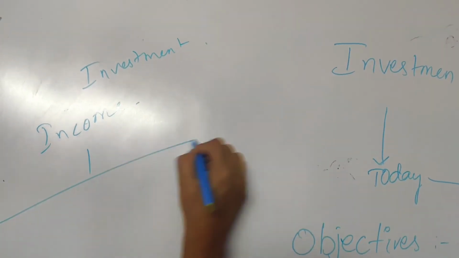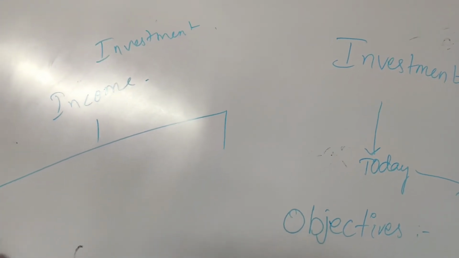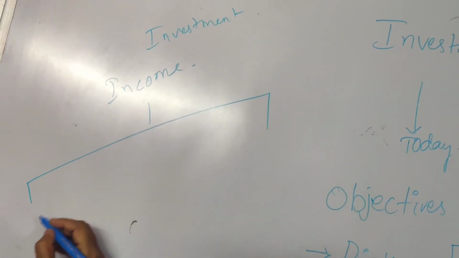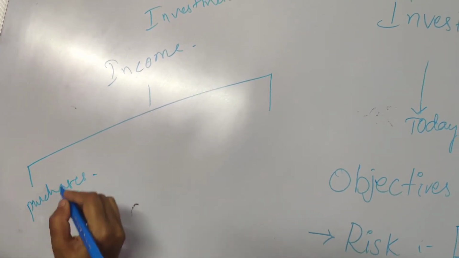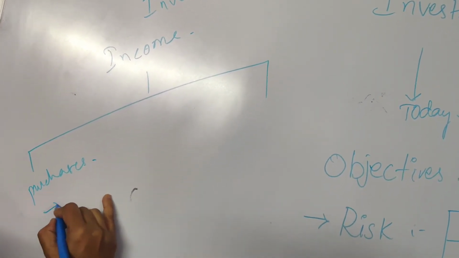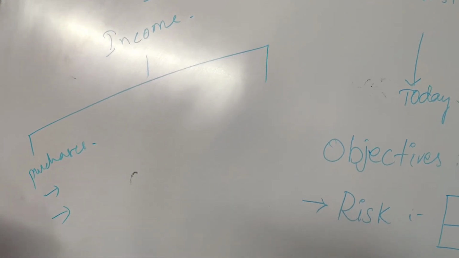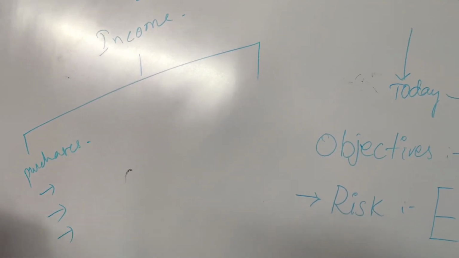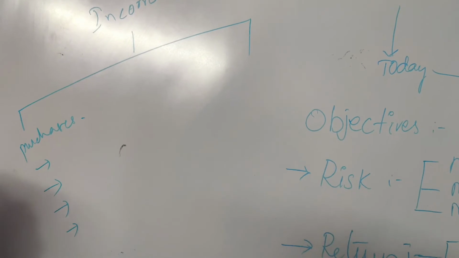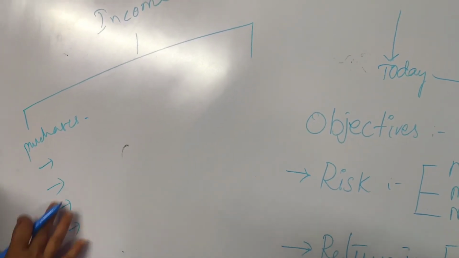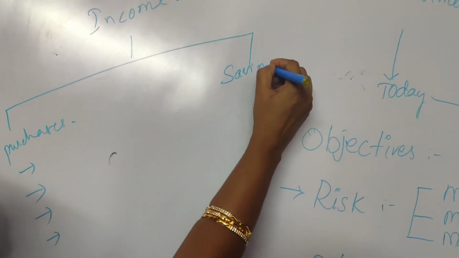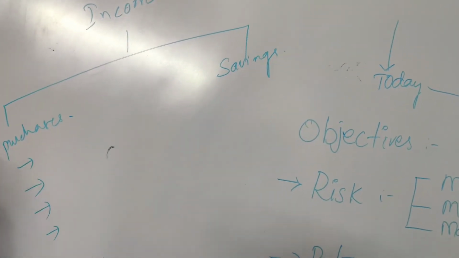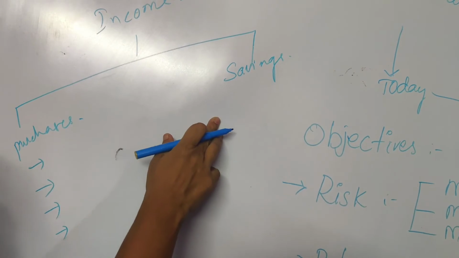In that income, we will do lots of activities, like purchases. We'll purchase our daily requirements, gifts, groceries, commodities, like that. So many purchases we will do, and after that, if we are left with any extra amount, that will be considered as saving.